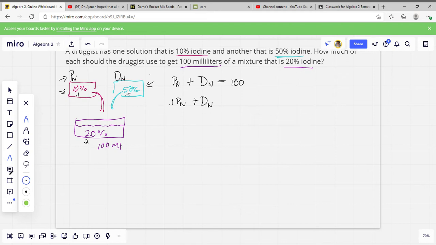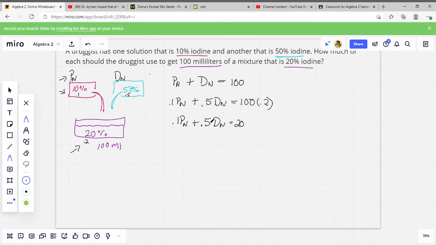Oops, I need to do my 0.5 first. So 0.5 times the dump number equals 100, and the percentage on the solution of 100 is 0.2. So I'm going to do 100 times 0.2. That means I just move my decimal 2. That will be 20. So 0.1 Pn plus 0.5 Dn equals 0.2 times 100, which is 20.